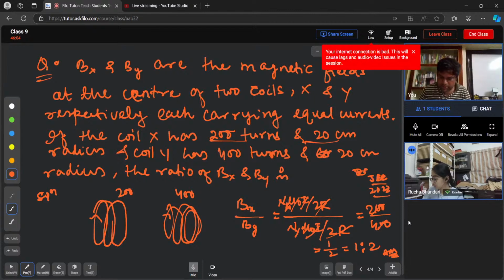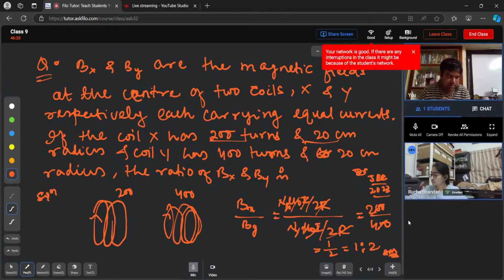Now discuss what is given on the next page: magnetic field lines for a current loop.